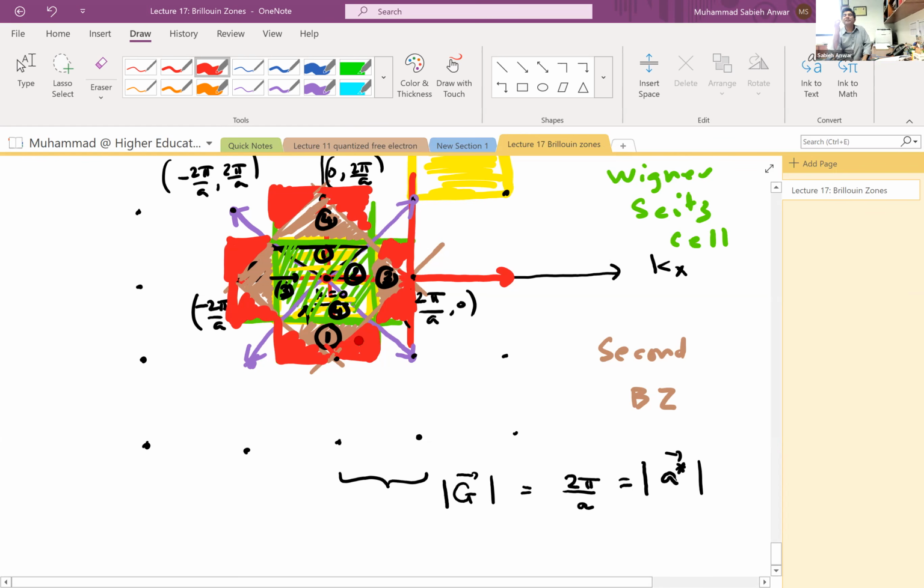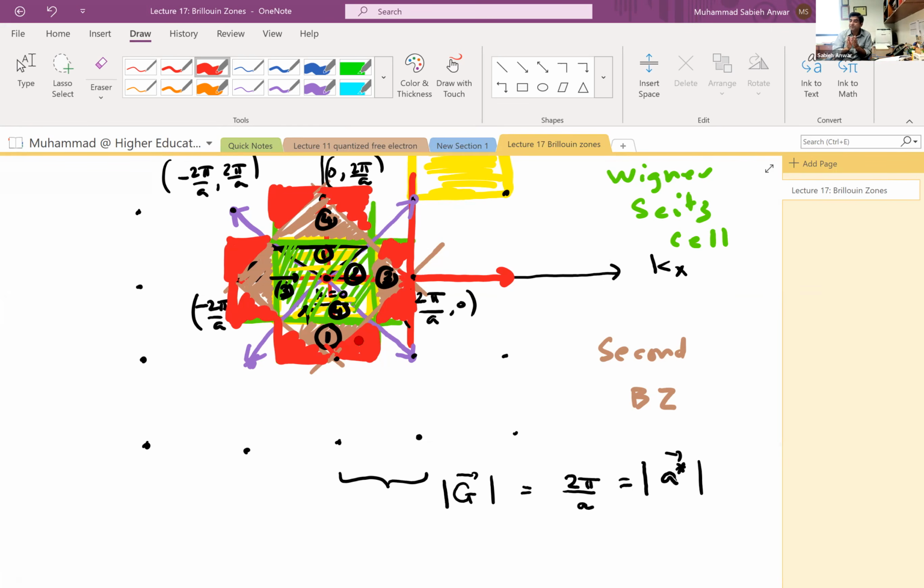The first Brillouin zone contains all the k points which are nearer to the origin than any reciprocal lattice vector point. So this is a kind of convoluted statement. Let me state it again and slowly.